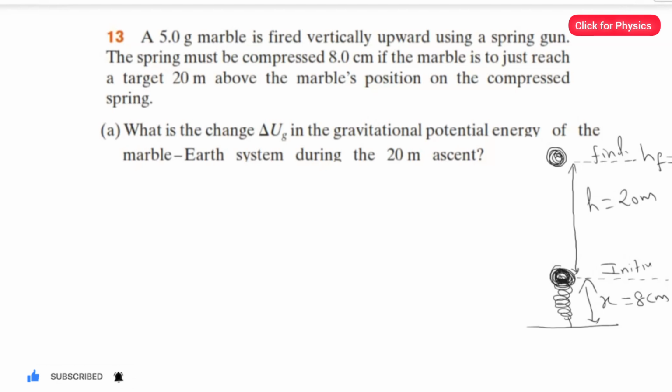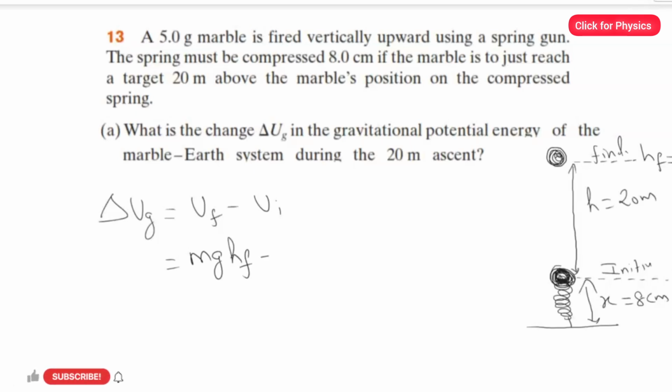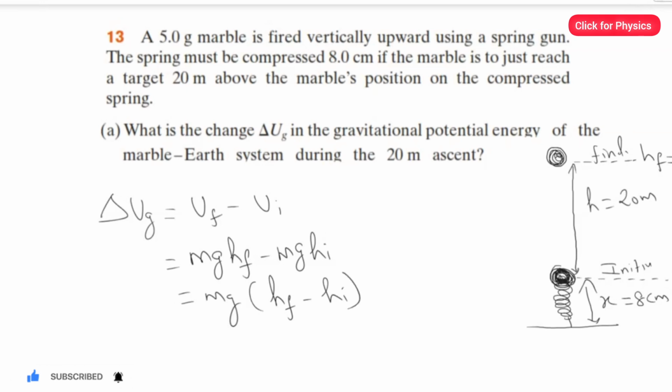Clear? So we have to apply the rule: the change in gravitational potential energy is the potential energy final minus potential energy initial. As we know, the formula for potential energy is mg hf minus mg hi. So we can take mg as common, and inside the bracket, hf minus hi.